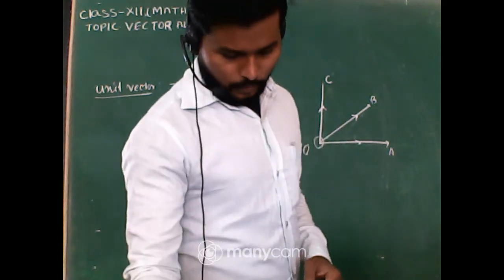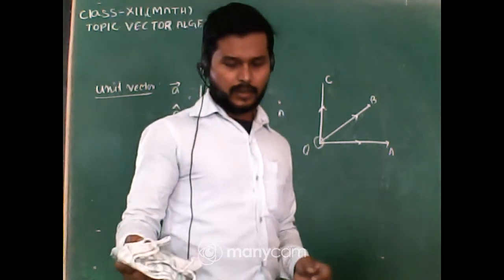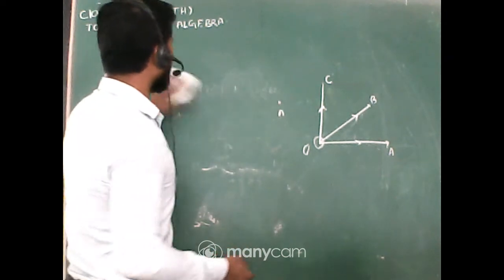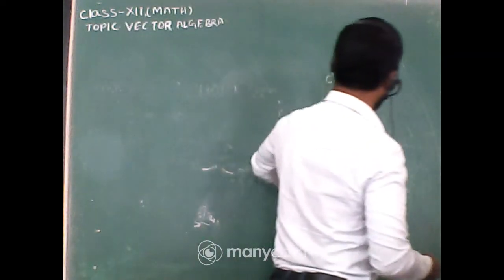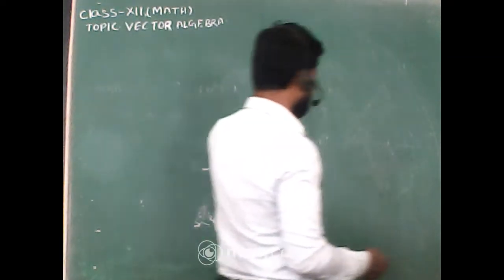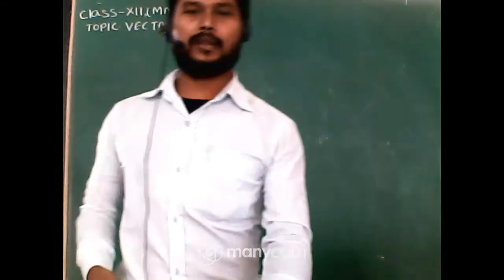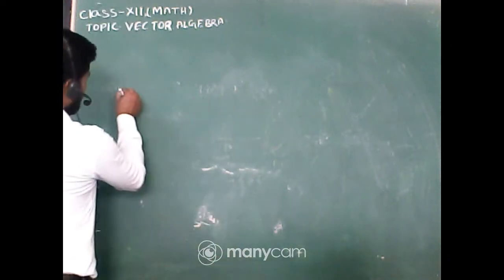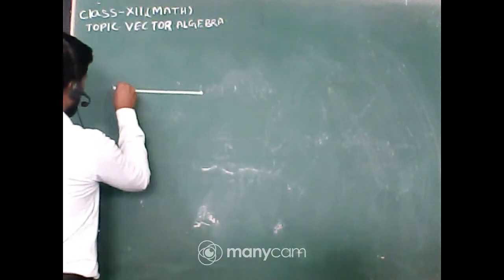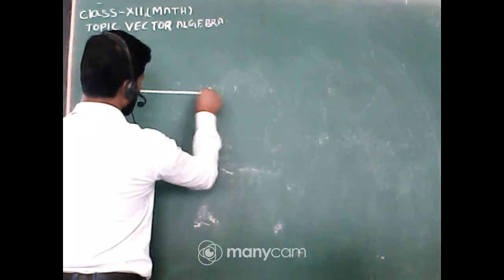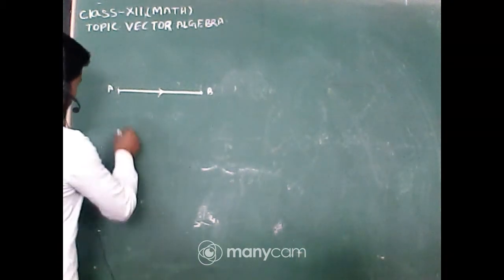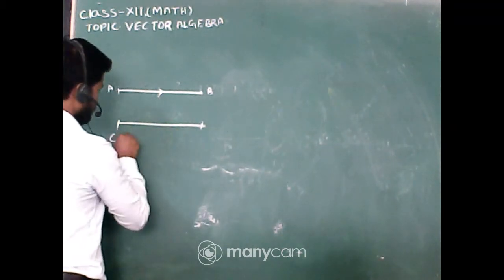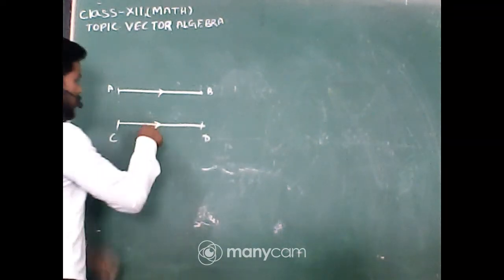Okay, now next is equal vectors. What are equal vectors? Two vectors are said to be equal if they have the same magnitude and the same direction. Let us consider AB is a vector, and let CD be another vector whose magnitude is the same and direction is also the same.